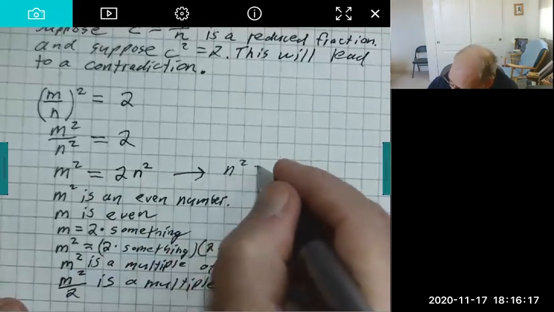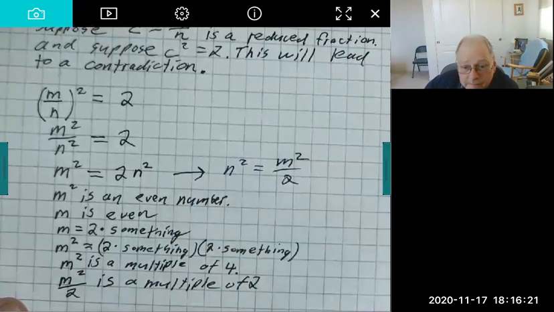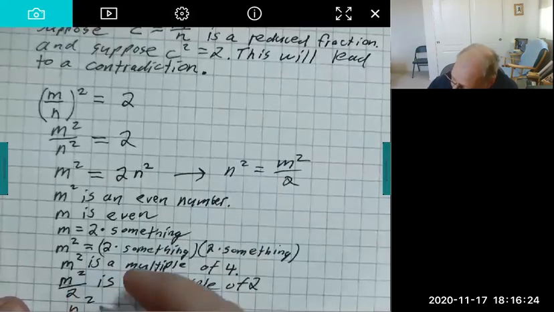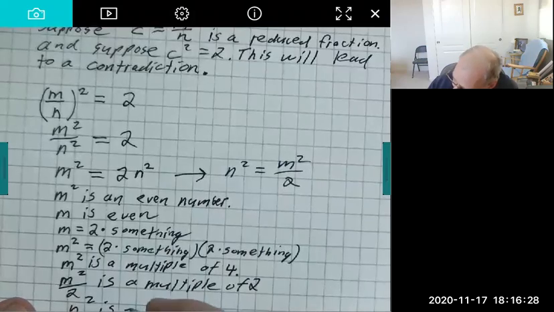See, n squared is half of m squared. So n squared is even.